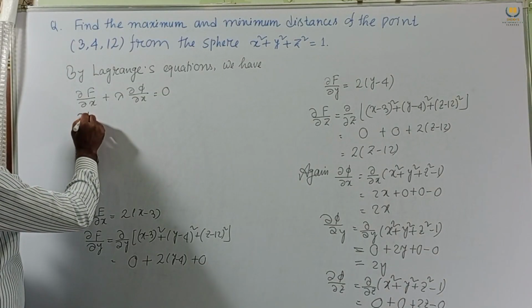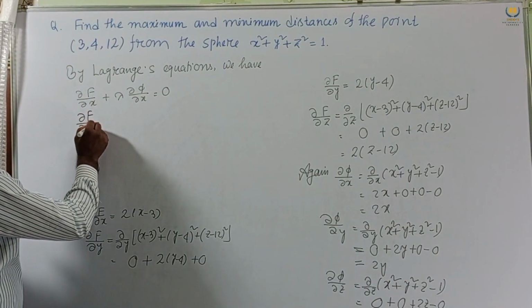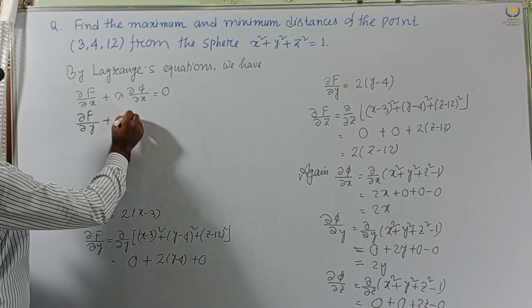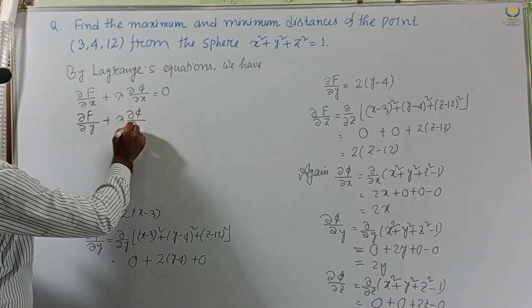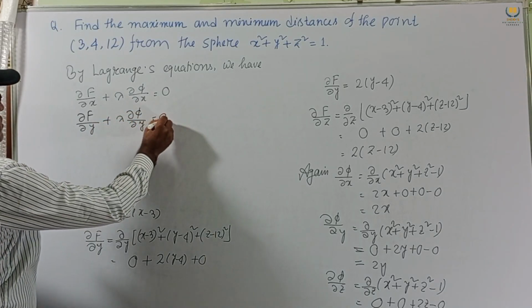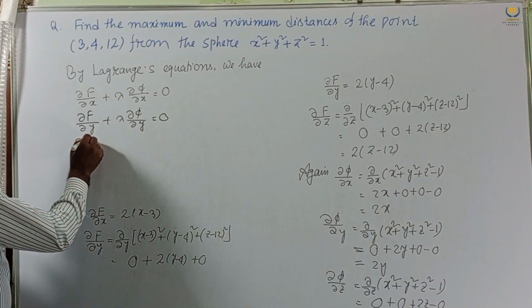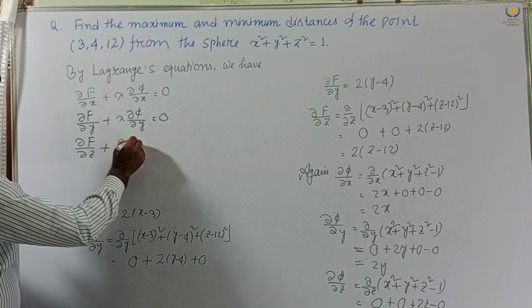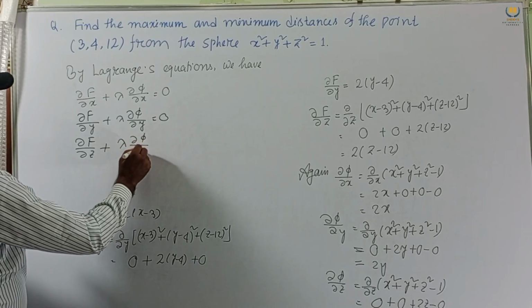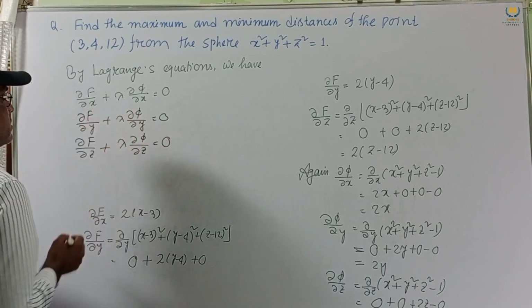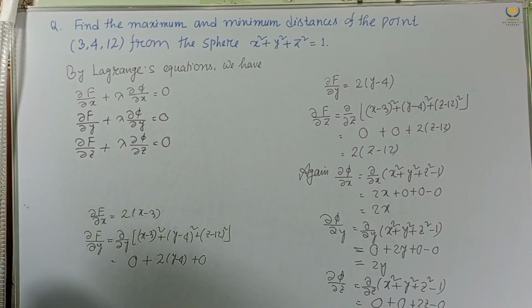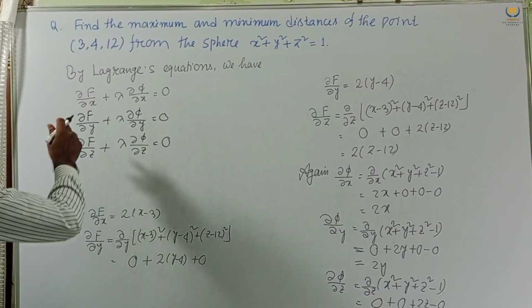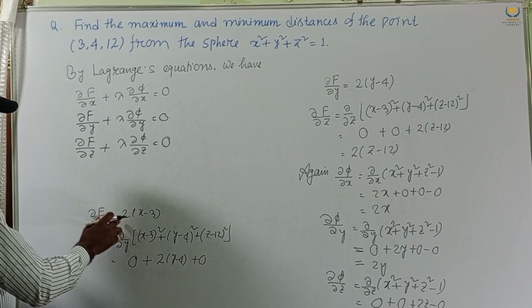Next, del f by del y plus lambda del phi by del y equal to 0. Del f by del z plus lambda del phi by del z equal to 0. These are the Lagrange equations.